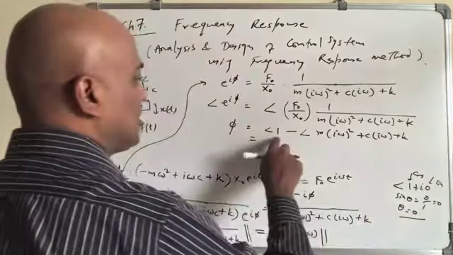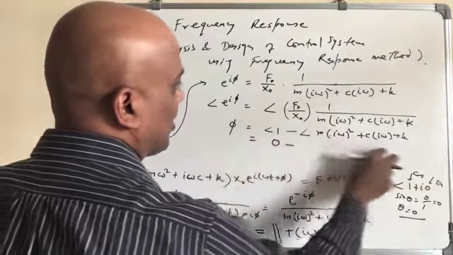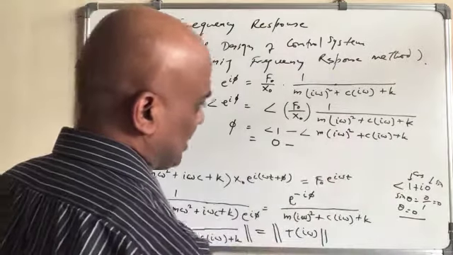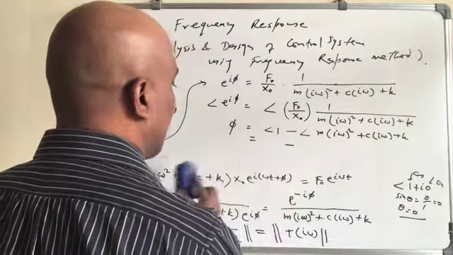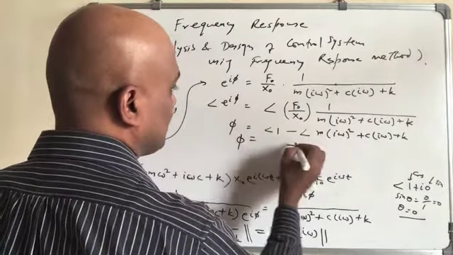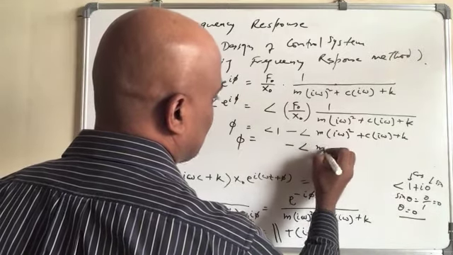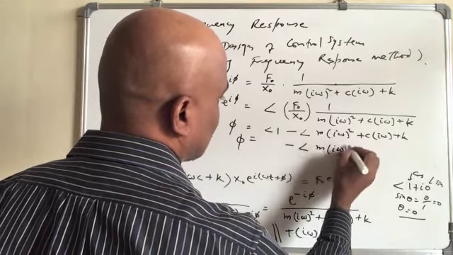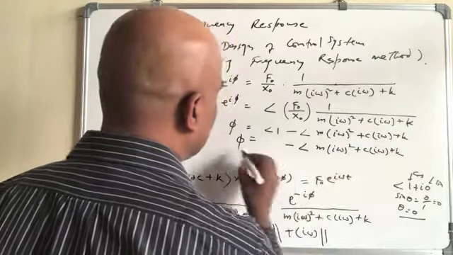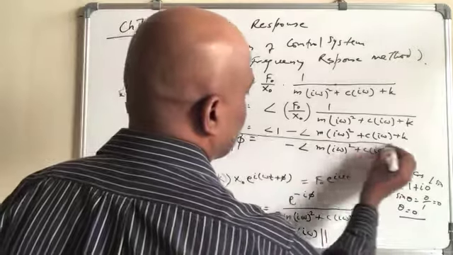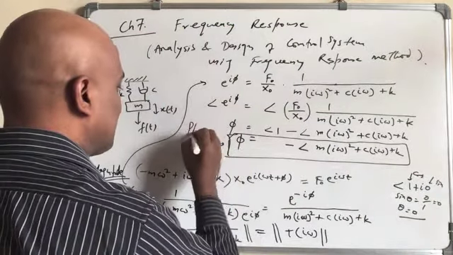So it tells you that this is 0 minus the angle of this, whatever angle this is making. Or simply phi will be equal to minus the angle made by m I omega square plus c I omega plus k. So you get the phase angle.